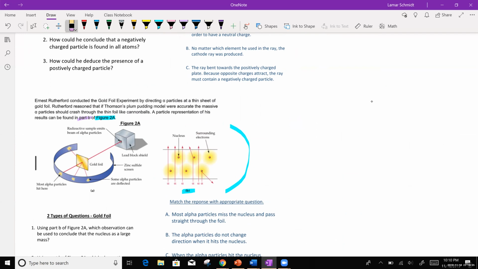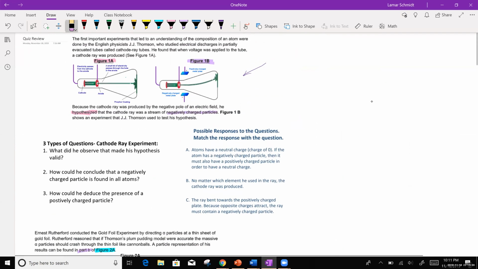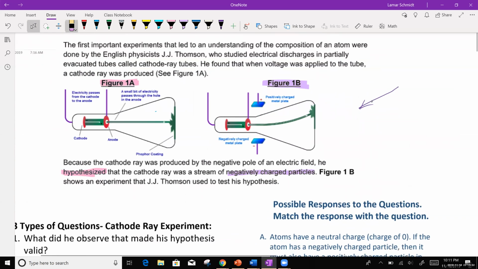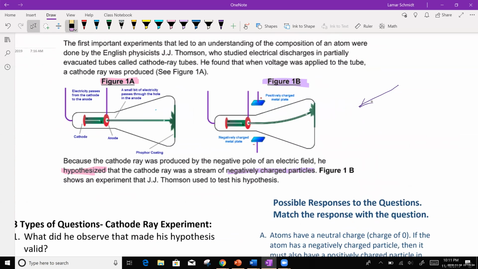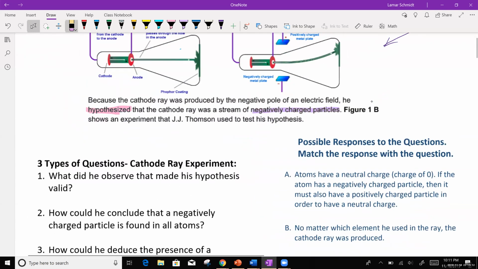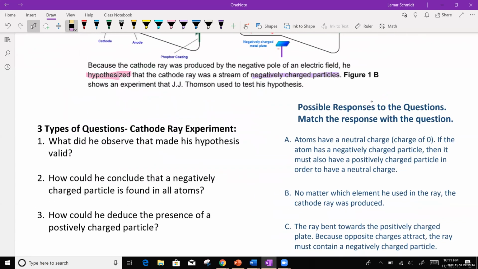So when we're looking at the first part, it's very important that you're following the figures that you're asked to follow. So if I ask you to look at figure 1A or figure 1B, you need to make sure you're looking at the proper figure. So there are 3 types of questions, and these are referring to figure 1B.